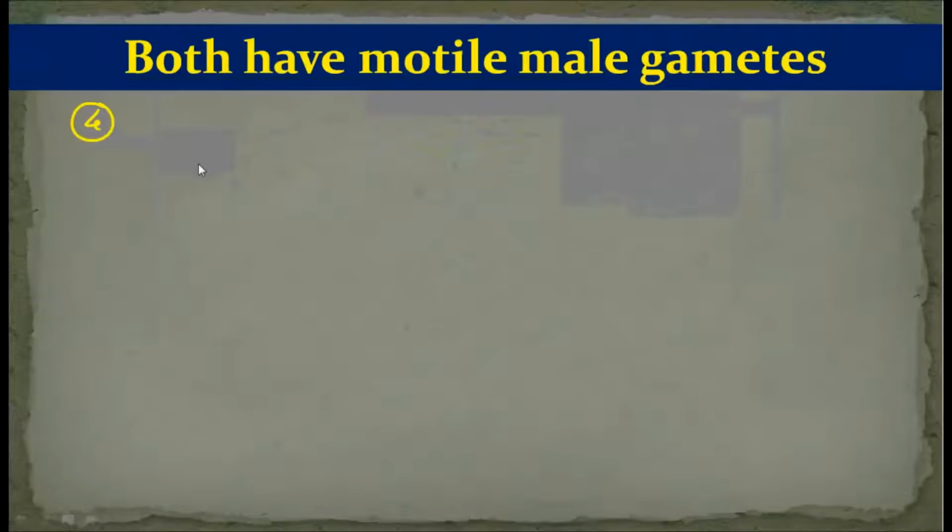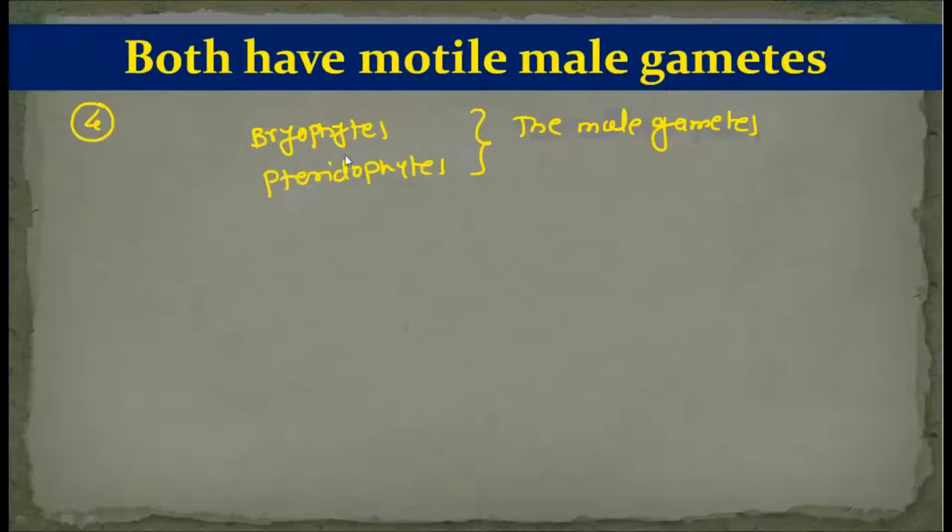Now, the fourth similarity between the bryophytes and pteridophytes is that they both have motile male gametes. In both, the male gametes are motile in nature. Now, what is meant by motile? Motile literally means having the ability of locomotion.